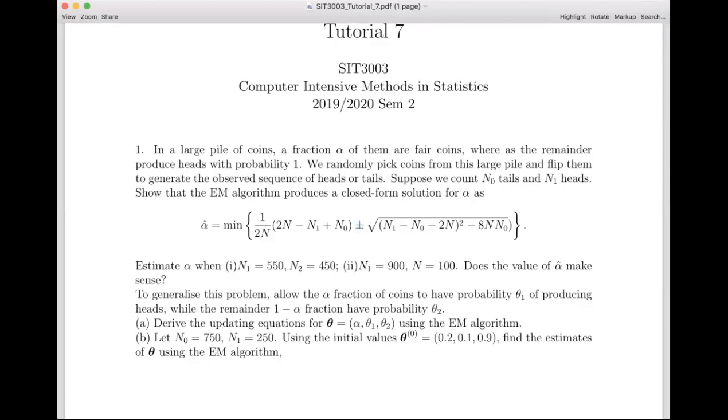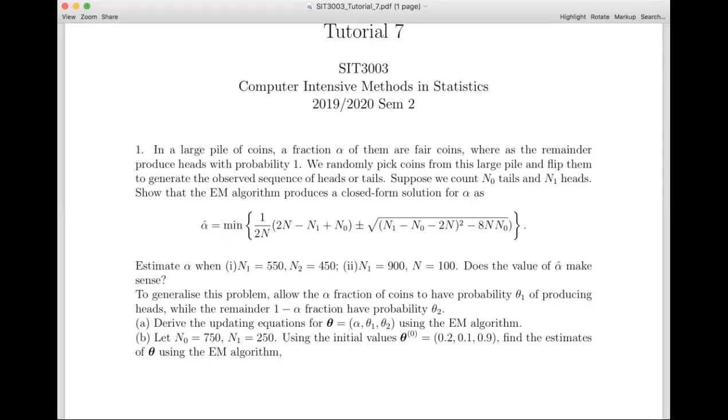So you take the smaller one, okay? In this case. Right, if you look at the algebra carefully, if you take the larger one, you get some value outside of 1. Okay, so you take the smaller one, right? So that's why you can get a closed form solution in this question, right?